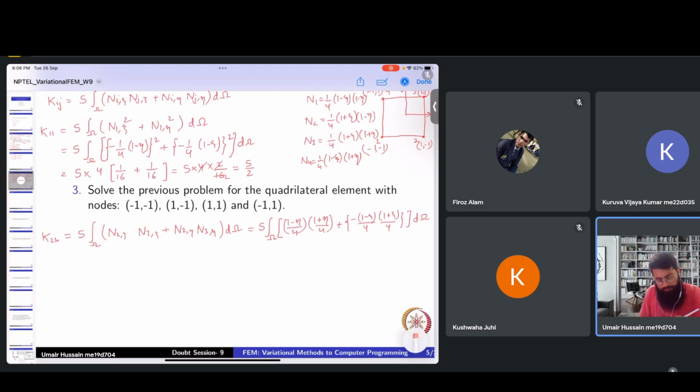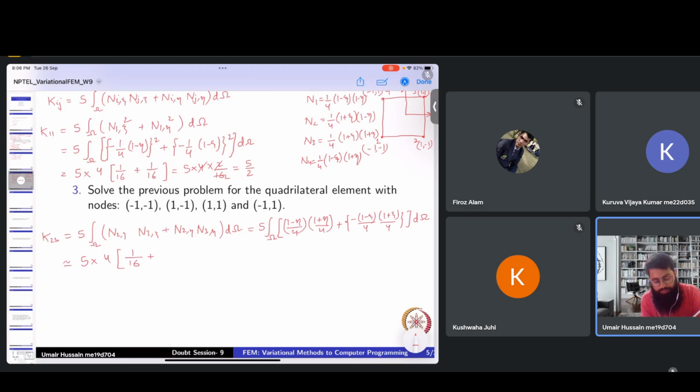So what do we have here? If we apply Gauss quadrature, 4 times the value of the function at 0 comma 0, we're just using the one point Gauss quadrature rule. The first term becomes 1 minus 0 by 4 times 1 plus 0 by 4, which is 1 by 16.